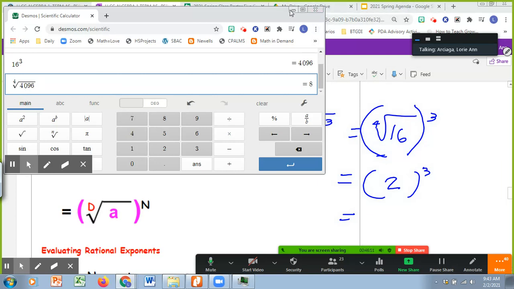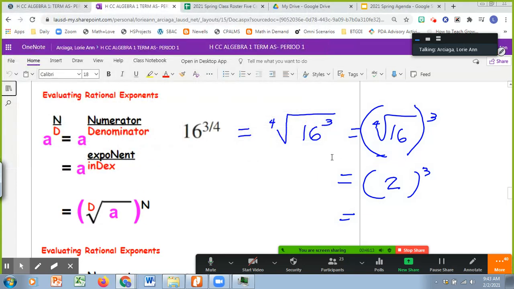That's what I was trying to point at earlier when I said these two are the same. The one that Nyla did was she got 16 to the third power first, and then she got the fourth root of that. However, Nyla, if I don't have a calculator and I'm taking, let's say, an SAT, I'm not going to waste my time doing that.